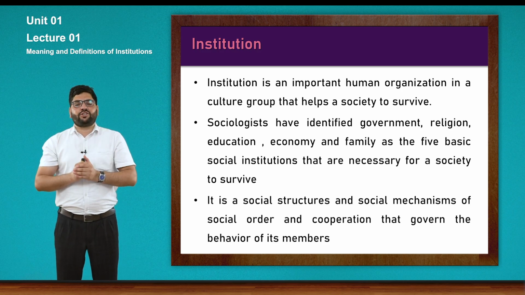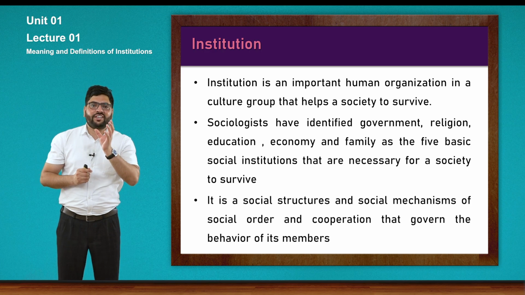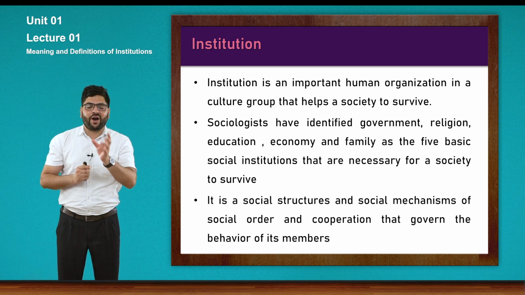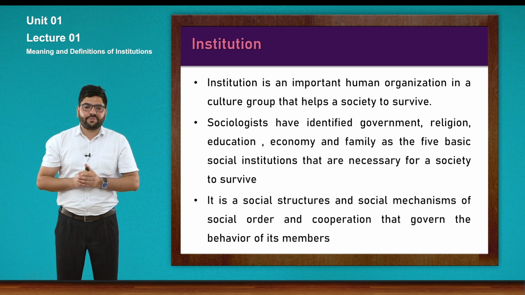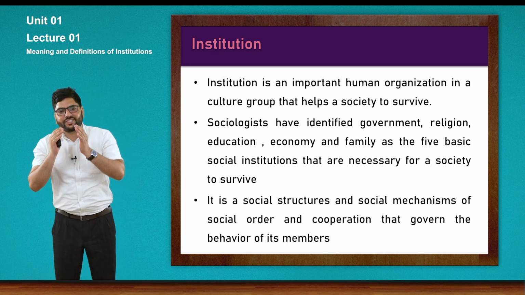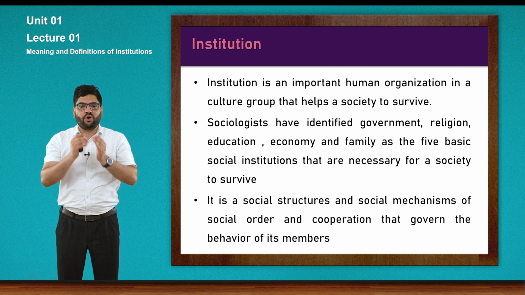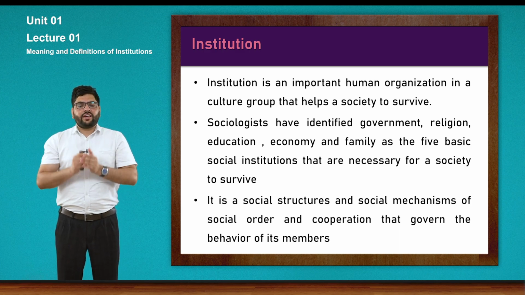There was a sociologist under the name E.B. Taylor, and he in 1871 defined the concept of culture. And he says that culture is the complex whole which includes knowledge, which includes art, morals, custom.